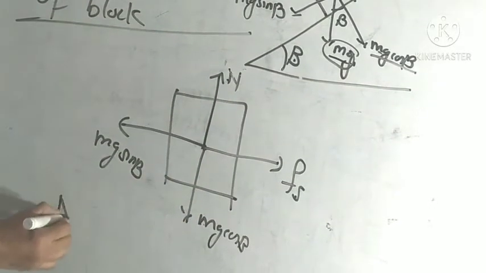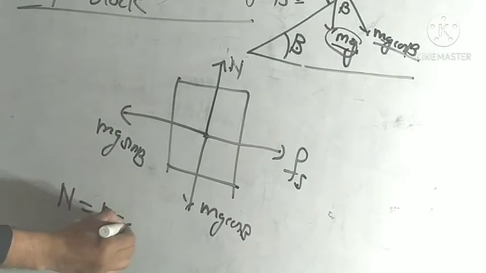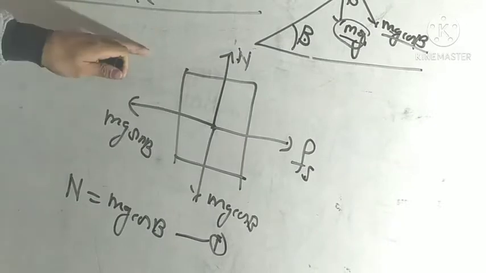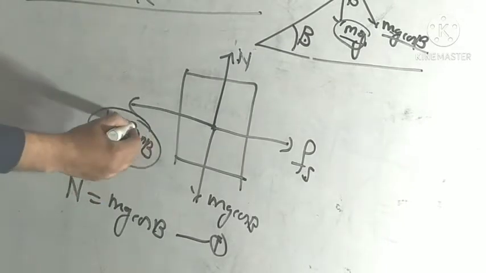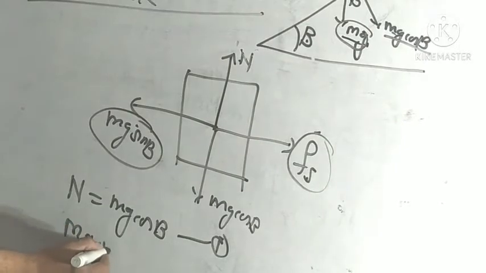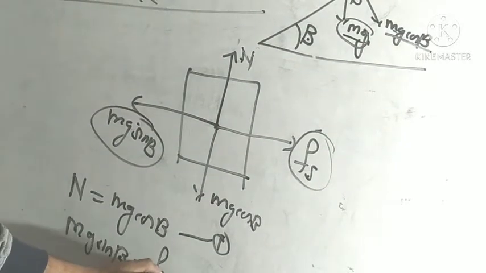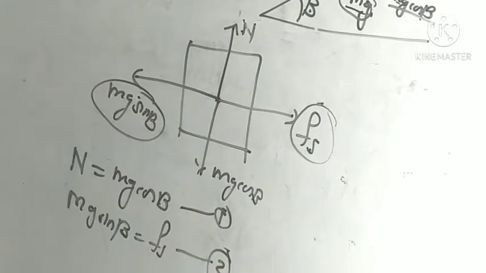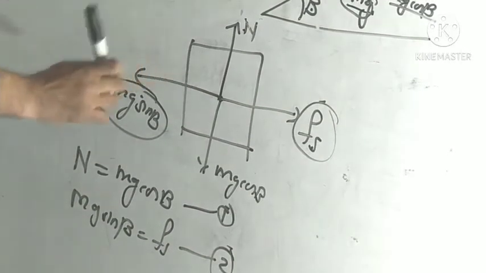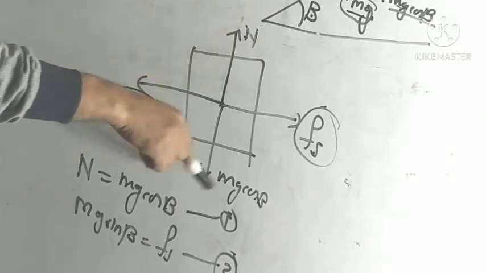So we can write here N is equal to mg cos beta. We give it equation number 1. And when this body is at rest, then the other two forces should be equal. I mean mg sin beta is equal to the frictional force. We give it equation number 2. So this is a free body diagram. There are four forces working on this body.